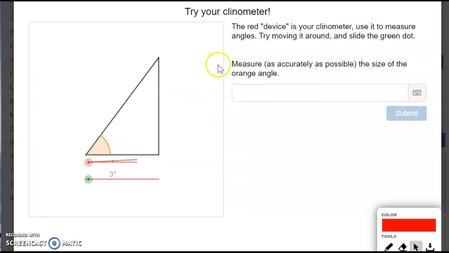All right, the next card, the red device is your clinometer. Remember, clinometer is the tool to measure the angle of elevation. Try moving it around and slide the green dot. So you can move this red dot like so, and I am going to move it right at the angle that we want to measure.